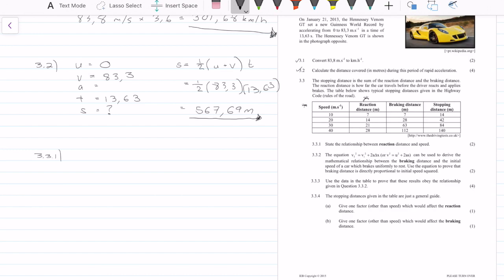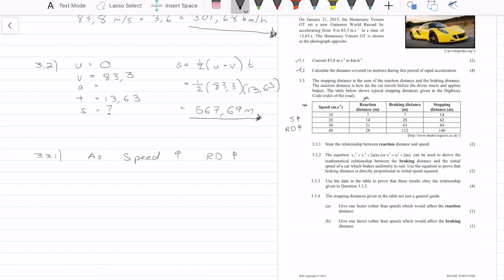If we look at the two, we can try and figure out a relationship between them. As we can see, as the speed increases, our reaction distance also increases. So that we can put down immediately: as speed increases, our reaction distance increases.